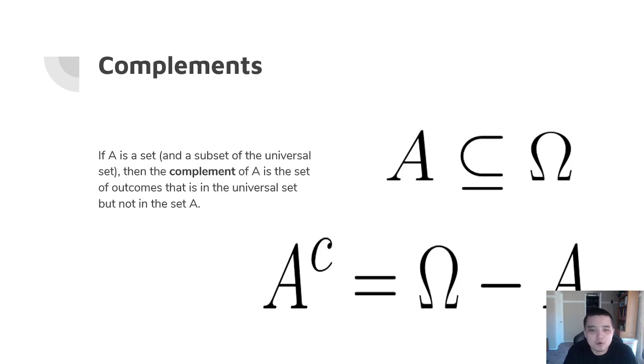So now, for more notation, there's the notion of a complement.